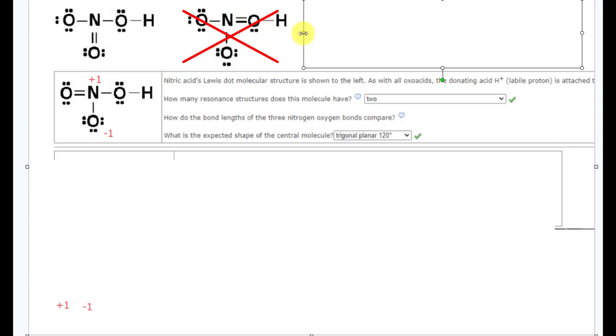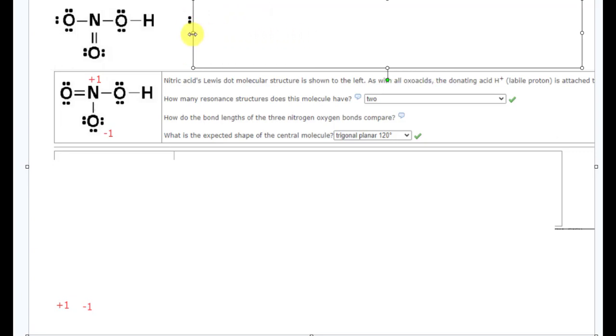The basic rule for resonance structures: if you can place this double bond on an identical atom, like this double bond doesn't know the difference between these two oxygen atoms. They're identical. So it would have these two resonance structures. And this double bond then would be averaged, and as a double bond, it's a little shorter than a single bond.